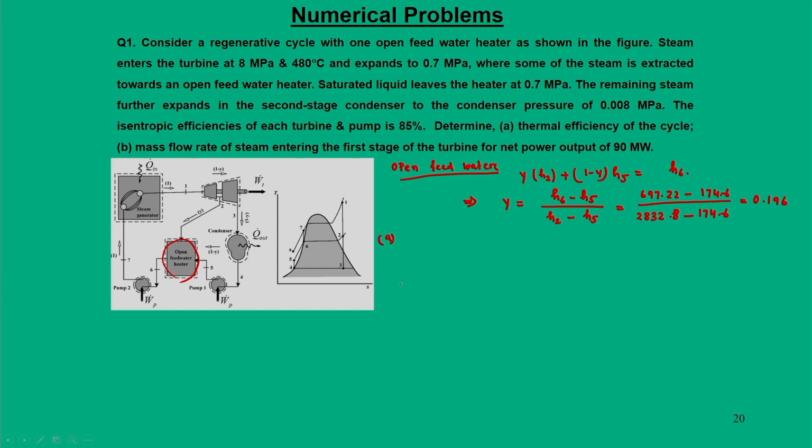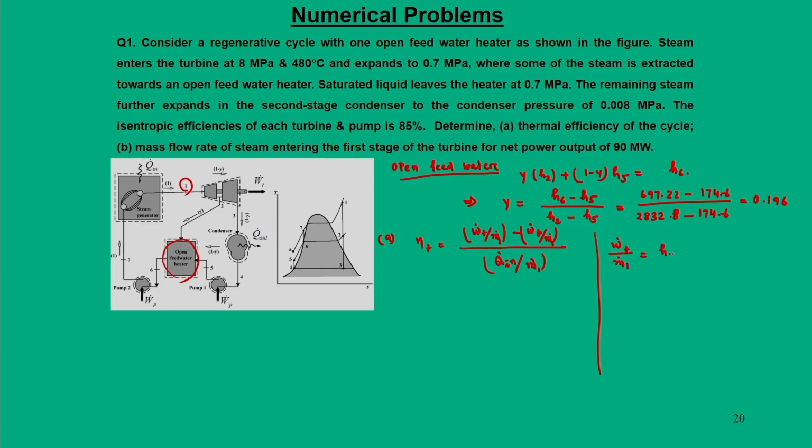First is the calculation for thermal efficiency. Thermal efficiency is nothing but turbine work minus pump work per unit mass flow rate of stream, that is m1 dot at state 1, divided by the heat addition Q dot in by m1 dot. What is W dot pump by m1 dot?